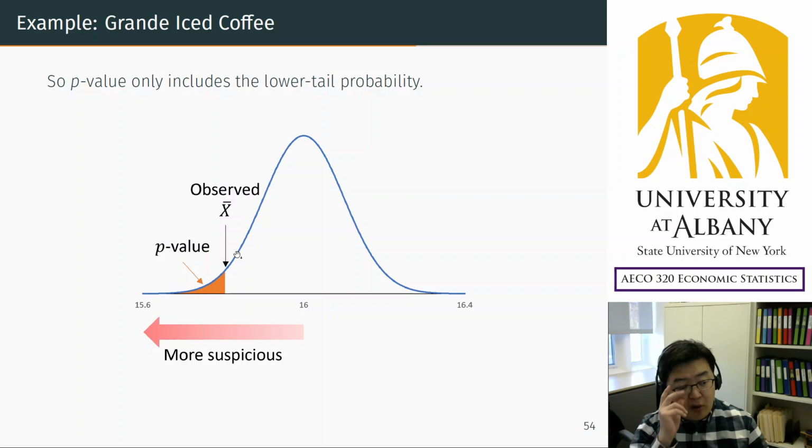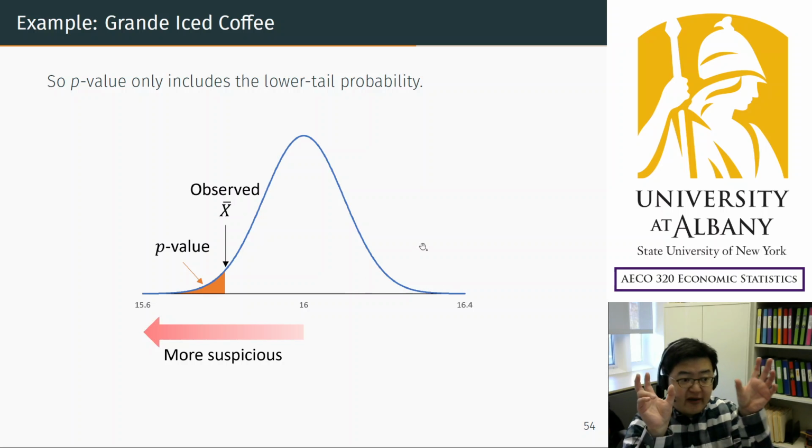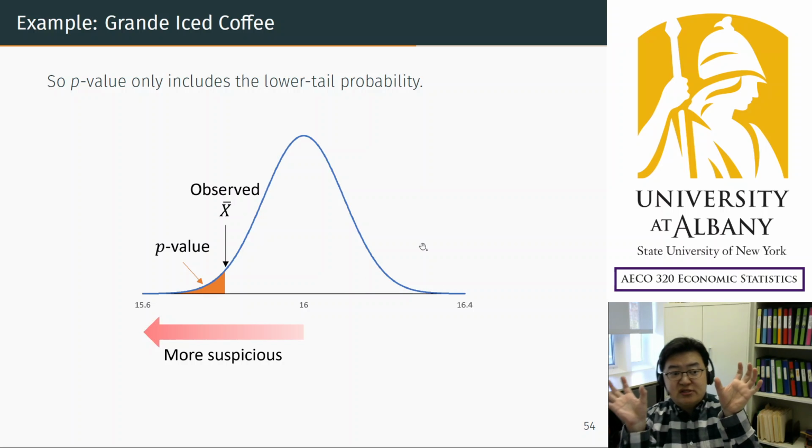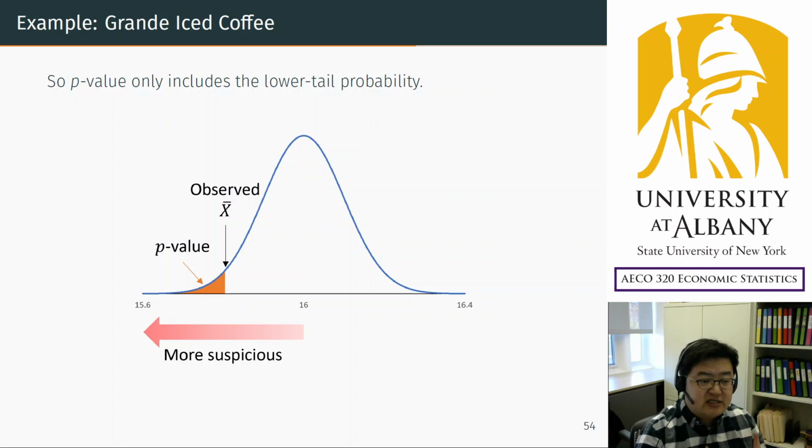But remember, if you observe x bar here in a two-tailed test in the previous chapter, the p-value included negative area and negative errors as well as positive errors. So at that time, the p-value included two-side errors, but now it's only one-sided, right? That's the difference in the p-value.